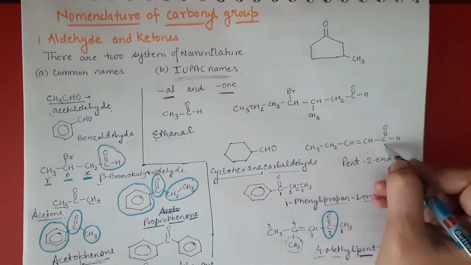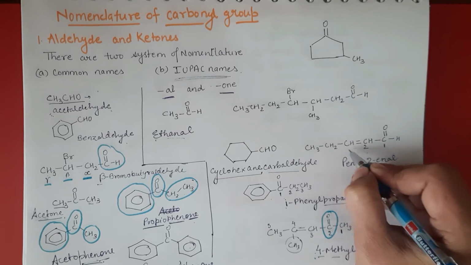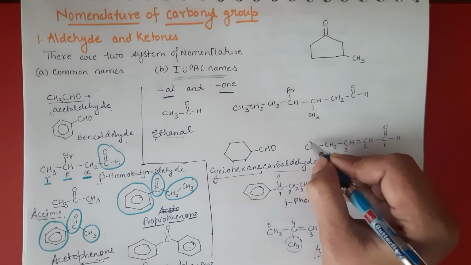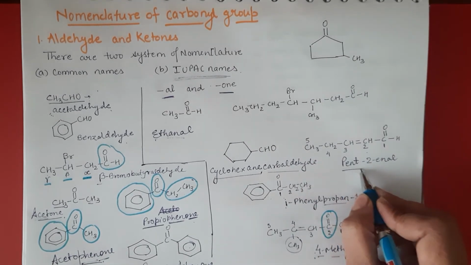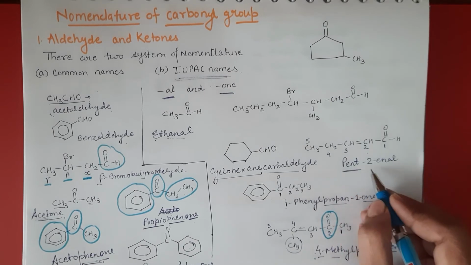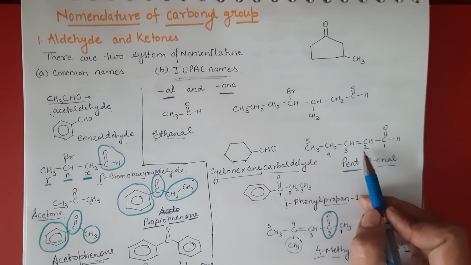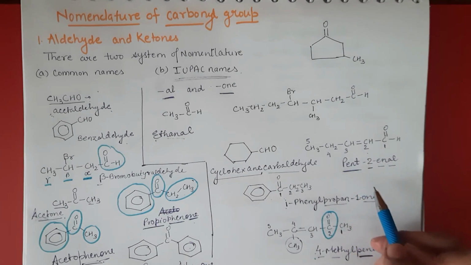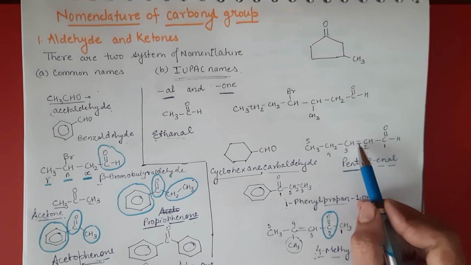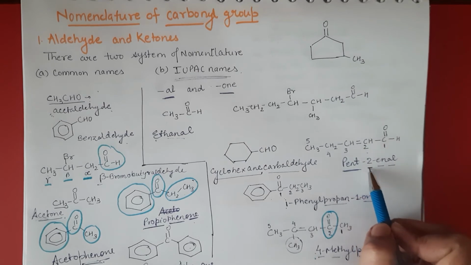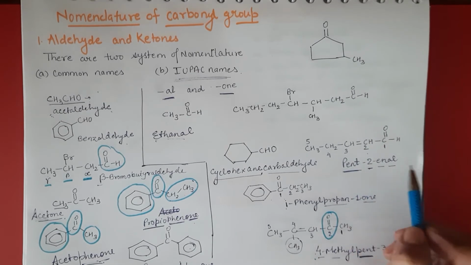We will start the numbering from this side, 1, 2, 3, 4 and 5, and the name is pent because 5 carbon chain, 2-enal, because at 2nd position there is alkene group present.